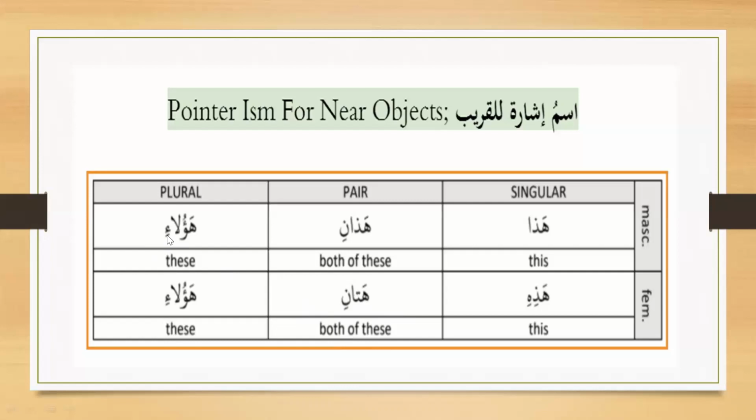Then we have the plural pointing ism, haulai, these. And haulai is for both masculine and feminine. So these all pointing words on this page are for near objects, ismu ishara lil qareeb.